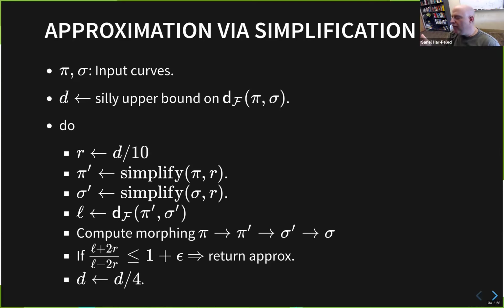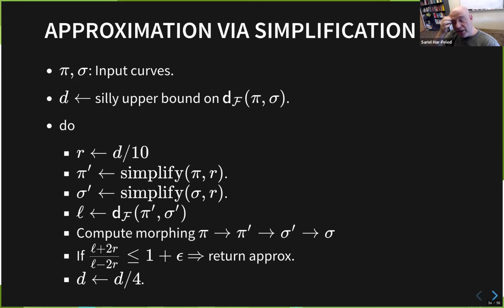And this immediately gives you, by chaining those morphings, a morphing between the original curve and the target curve. And furthermore, the morphing not only gives you the matching, it also gives you, of course, the maximum leash, so you know the distance. And it gives you an interval where you know that the real Fréchet distance must be inside this range, right?